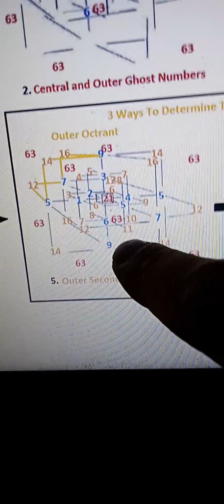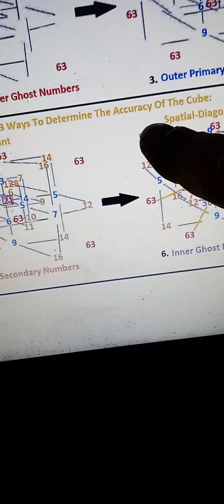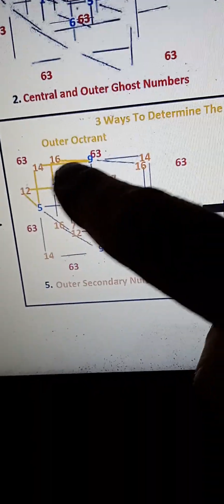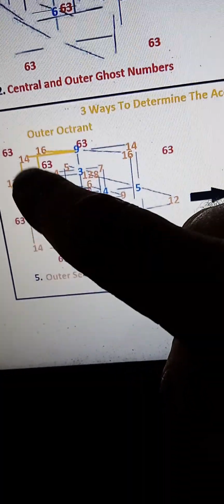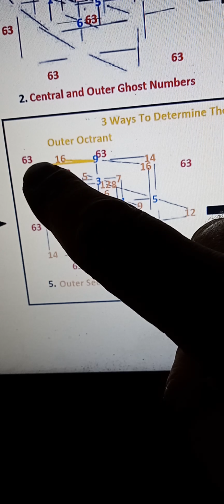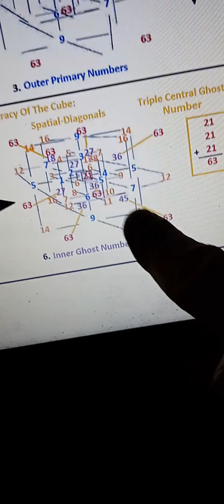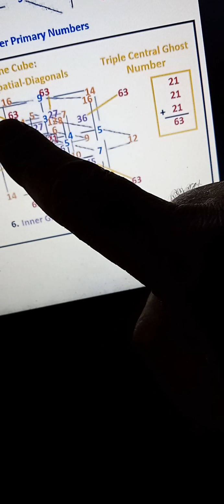And there's 3 ways that you can check the accuracy of the cube. An outer octant alone, in yellow, this belt-like structure, would add up to the outer ghost number. Then these spatial diagonals, 4 of them, going across the cube, I don't believe I drew that line in there, but there's supposed to be a line going from this outer ghost number to this inner ghost number to this outer ghost number.